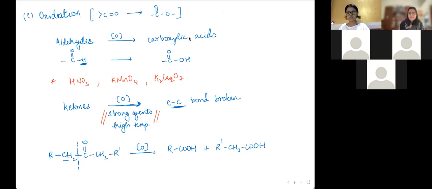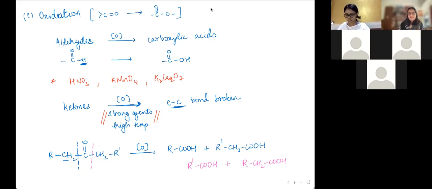If this bond breaks, then you get the pink products. You get R' COOH and R CH2 COOH. So if the blue line is where the carbon-carbon bond broke, then the blue products are the ones you get. If this bond breaks, you get this.